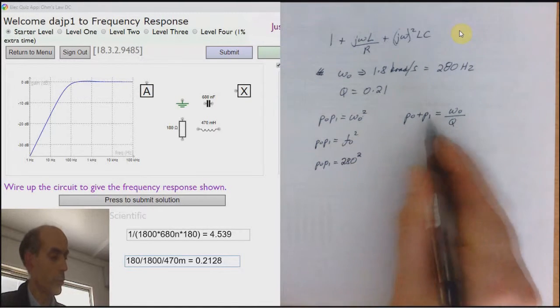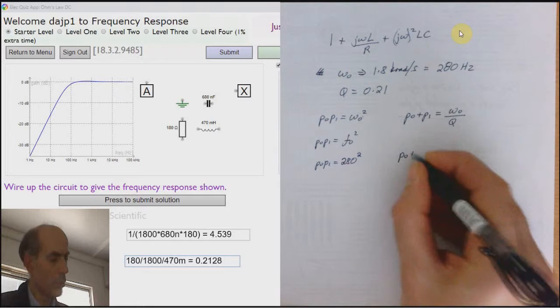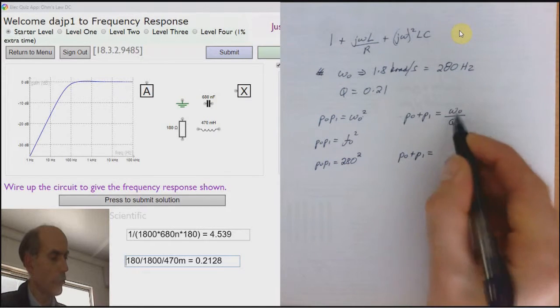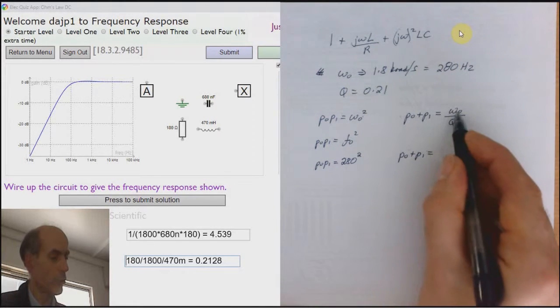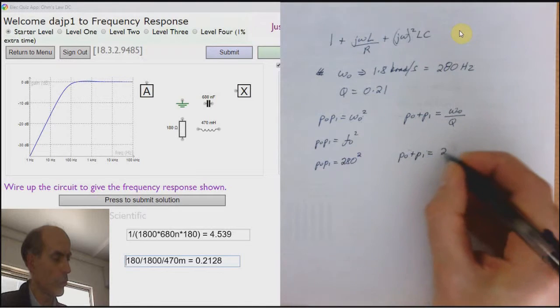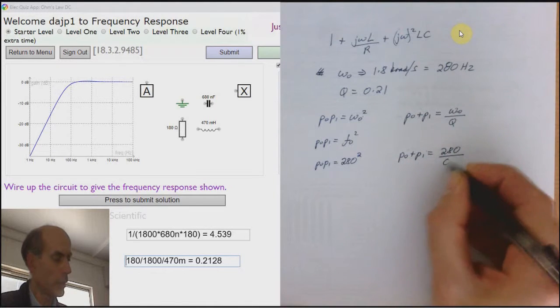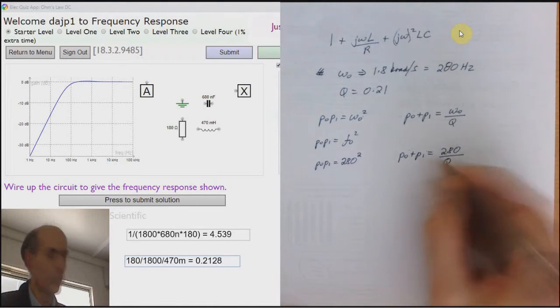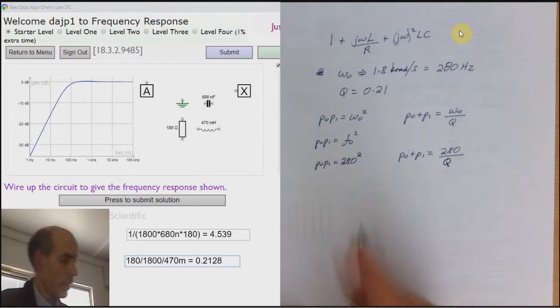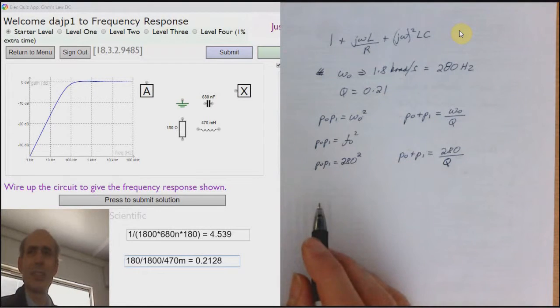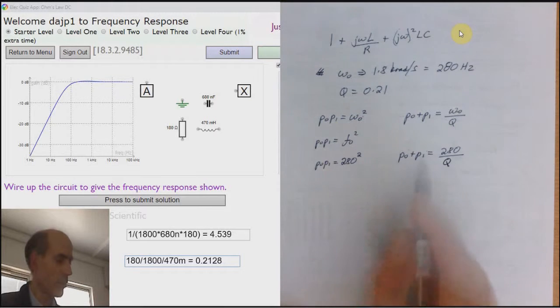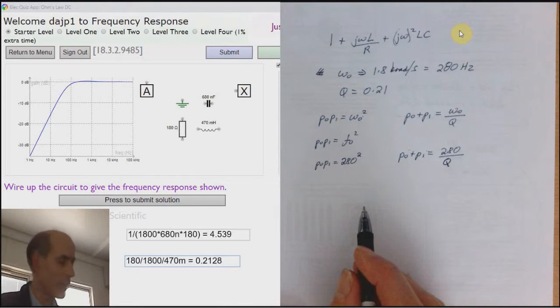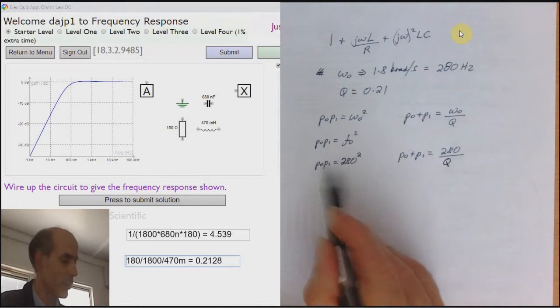Over here, if we're working in hertz again, p naught plus p1 in hertz equals the resonant frequency in hertz, 280, divided by Q. What does that make the poles? Well, we're going to end up with a quadratic equation if we solve this out, but there's no real way to get around that.